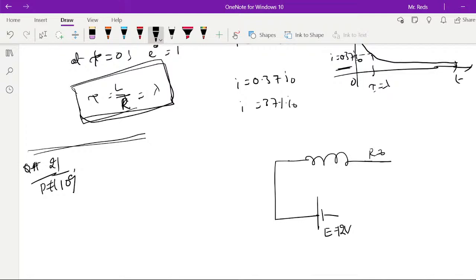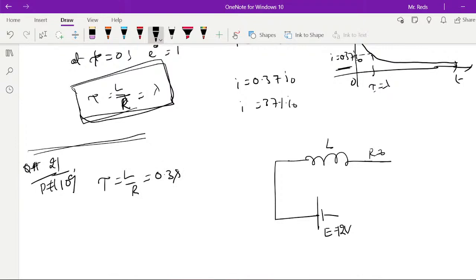The current in the solenoid grows to 63% of its final steady state value in 0.3 seconds. The time taken to increase to this value is called the time constant, right? So tau is equal to L by R is equal to 0.3 seconds. In this time it has increased to 63%. That is the meaning of it.